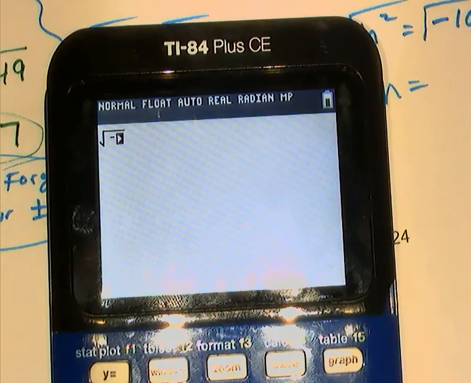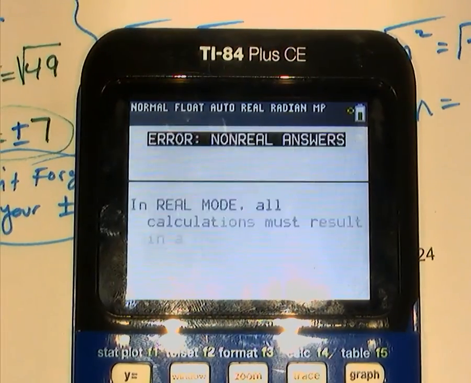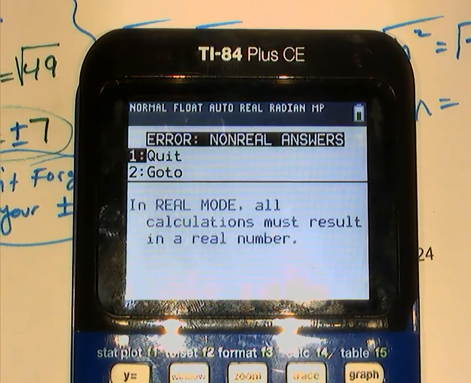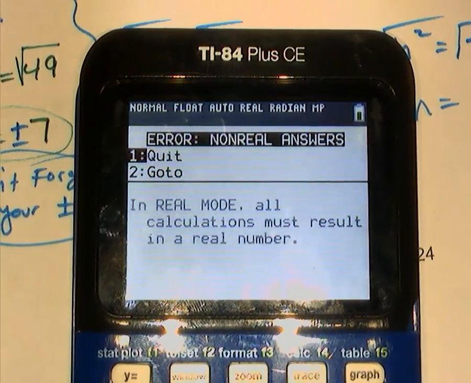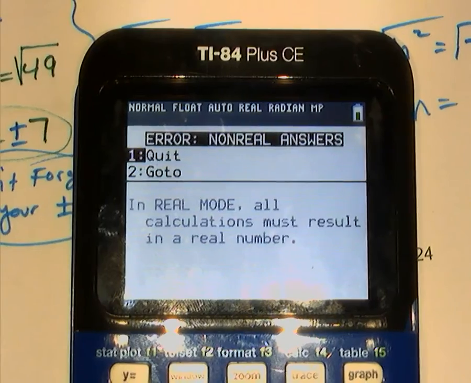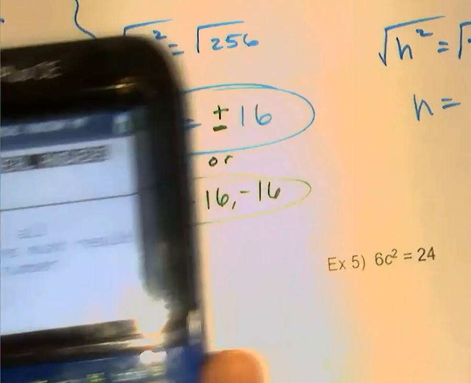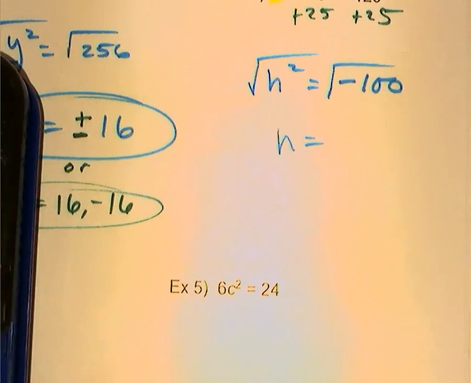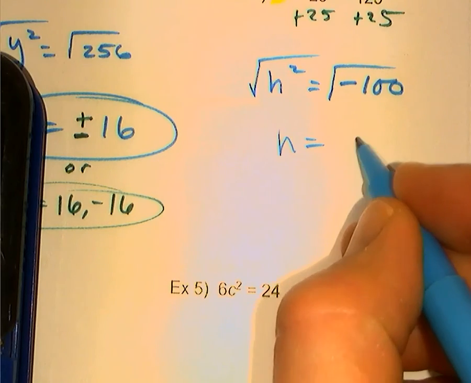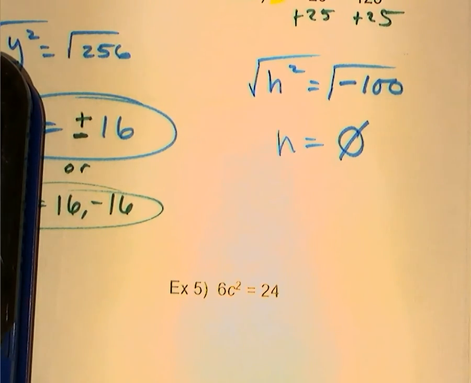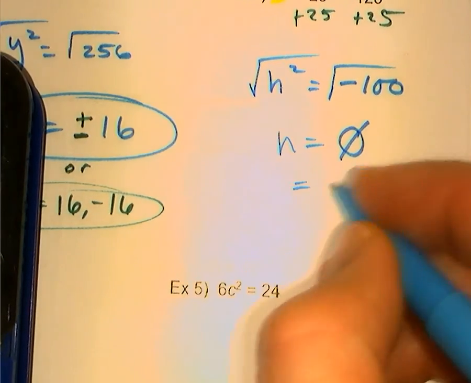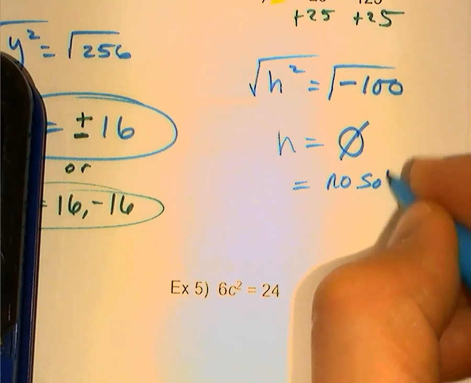If I do the square root of negative 100 and press enter, I get an error message. You cannot do square roots of negatives. So there's no real answer here. The square root of a negative, we call this the empty set, the null set, no solution.